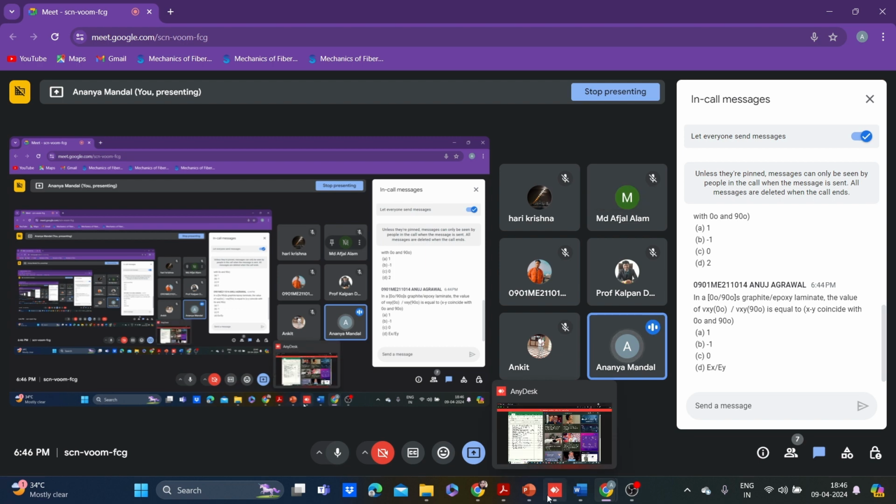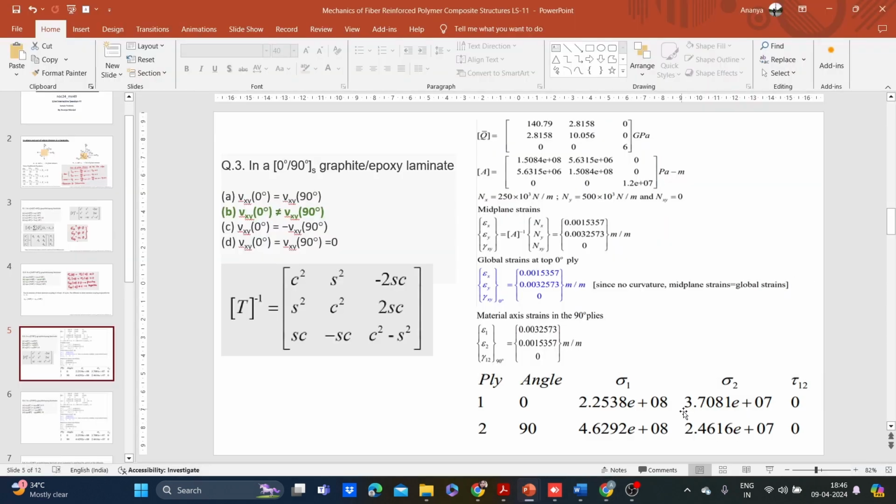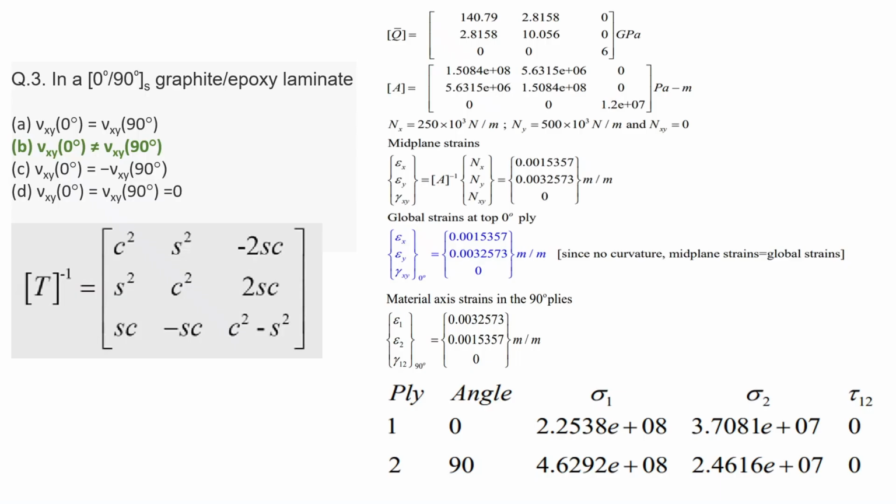Okay, for 0/90, I have here put an example also. So at the end you will find the value in transverse and longitudinal direction. This is one of the examples we did in last classes with the same values. The Q matrix is given to us, we will get the A value, we will put load, and then we will get the strain values for 0 and 90 degree. And from those strain values, we will get the stress values in both longitudinal and transverse direction.